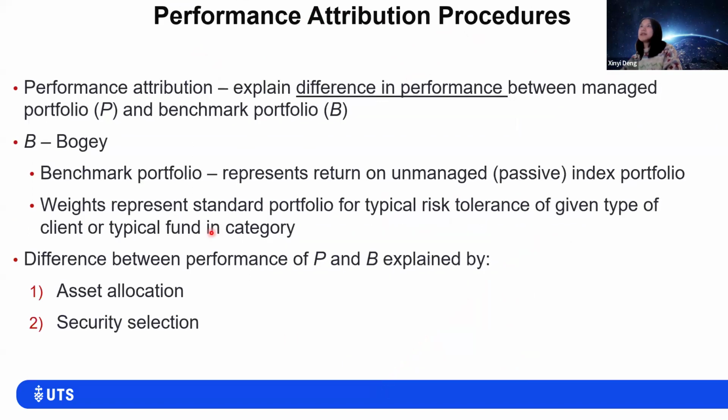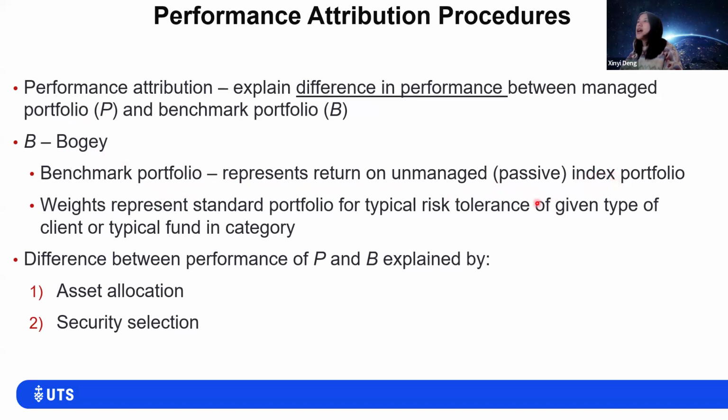And for this method, we usually start with the difference in the performance between the manager portfolio and the benchmark portfolio. We also have another name for the benchmark portfolio. We call it the bogey. The benchmark portfolio is usually the unmanaged passive index portfolio.